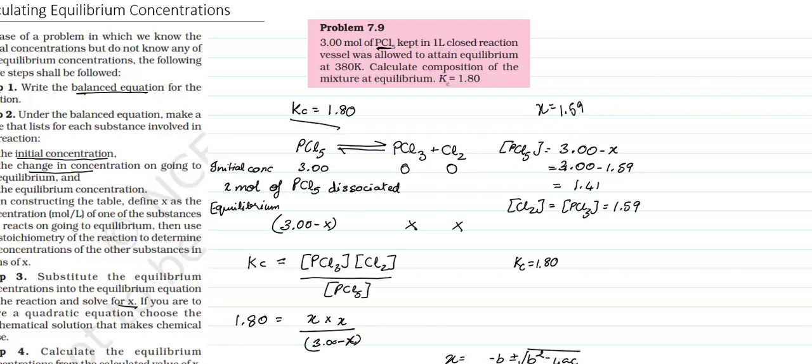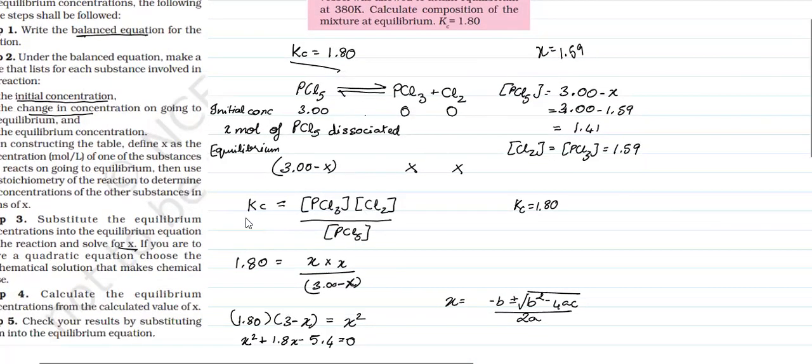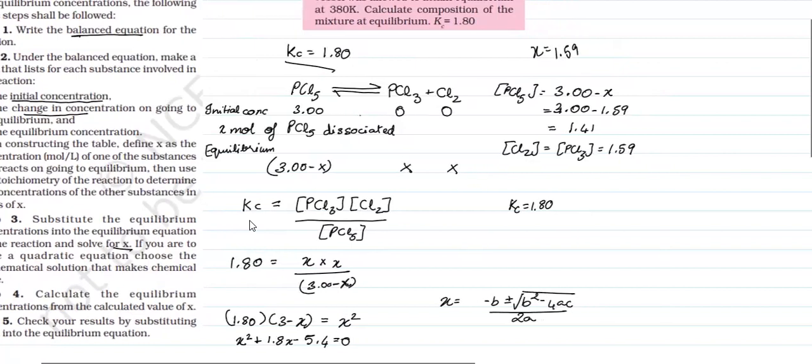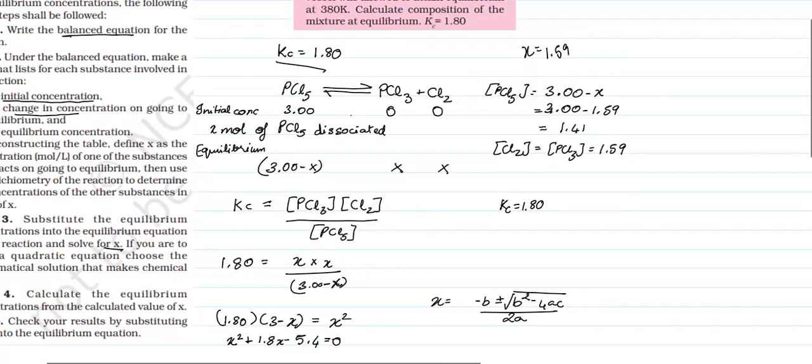And if you want, you can cross-check. If we have done this problem correctly, we should get a value equal to Kc. So basically Kc will be equal to concentration of PCl3, that is 1.59 into 1.59, divided by 1.41.